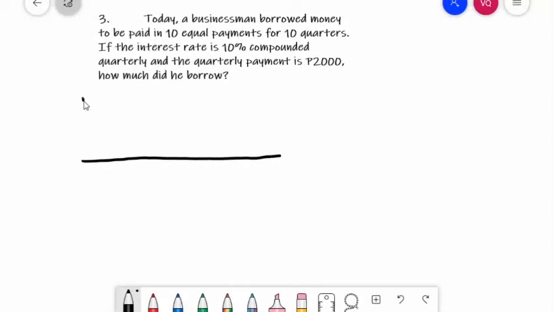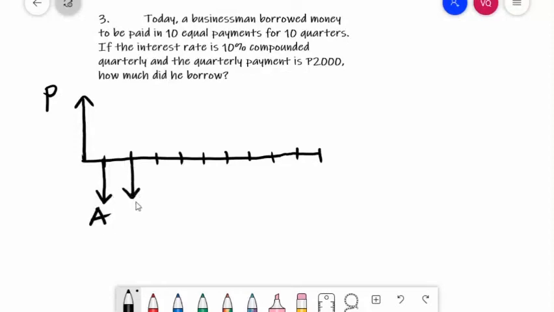So, we have borrowed money. This is our present. And 10 equal payments. So, 1, 2, 3, 4, 5, 6, 7, 8, 9, and 10. Annuity. So, pababa lahat yan.